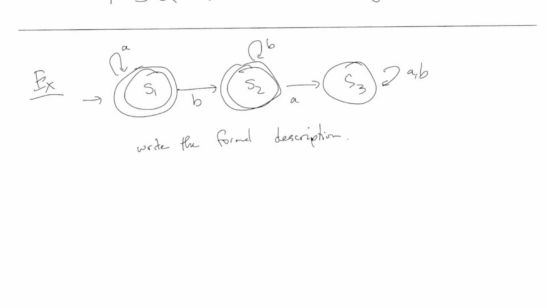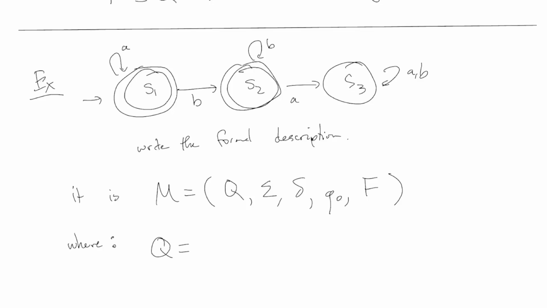All right, this is always easy to do if you know what's up. The formal description is, now I'm just going to write it all, M equals this tuple, where you just have to say what each of those ingredients are. So Q is the set of states, and in this problem there are 3 states.